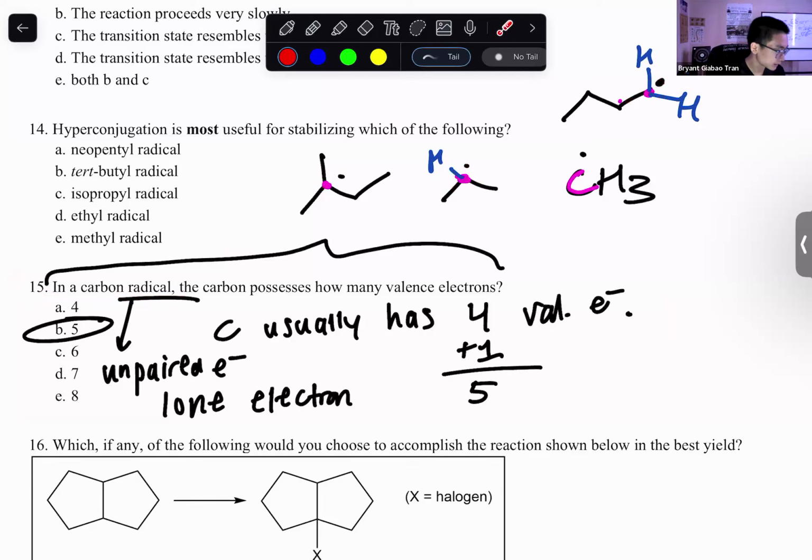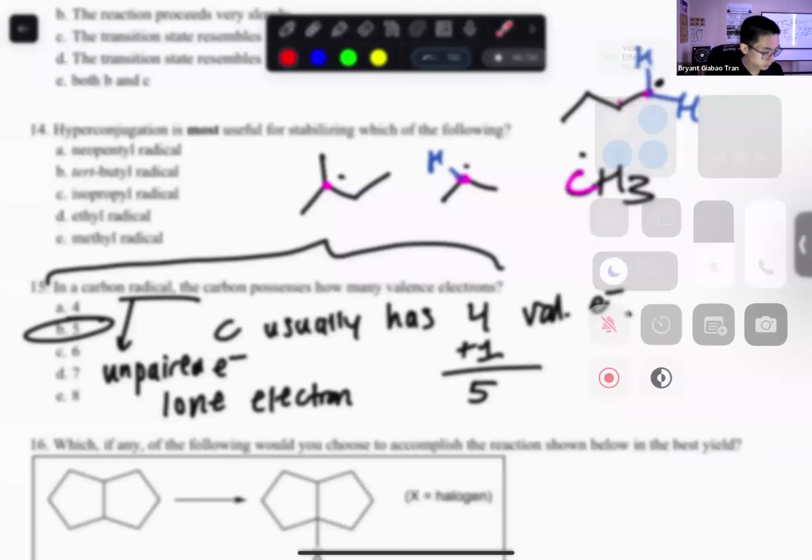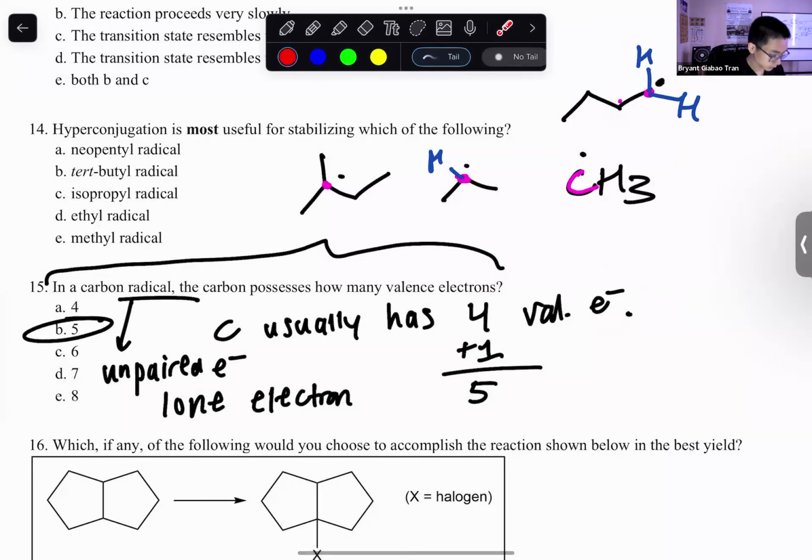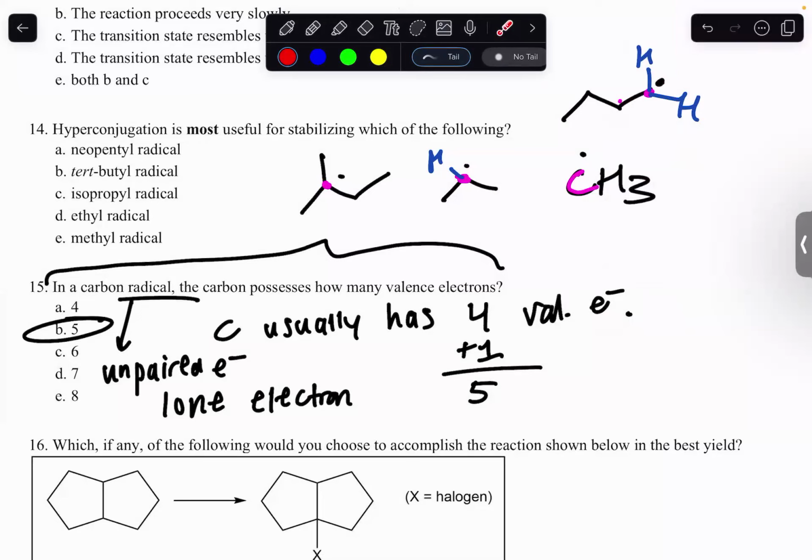Let me double check. Oh, I'm just reading right now. She explained it.